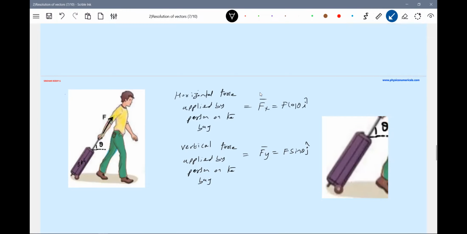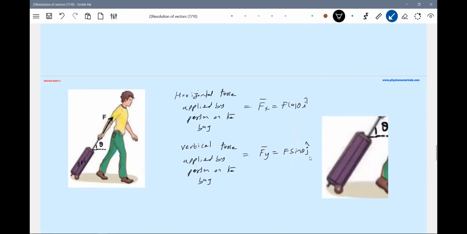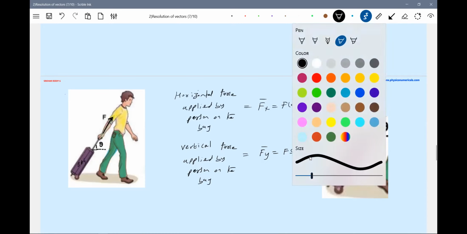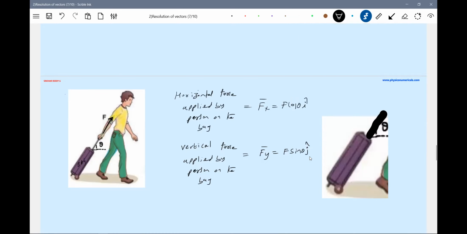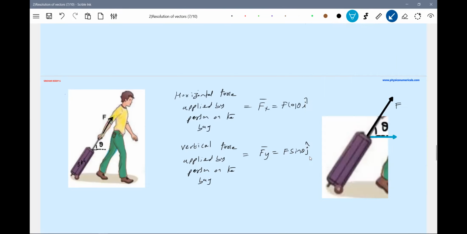The force that was acting here was F. How much horizontal component? This is the horizontal component. How much vertical component? There's a vertical component.